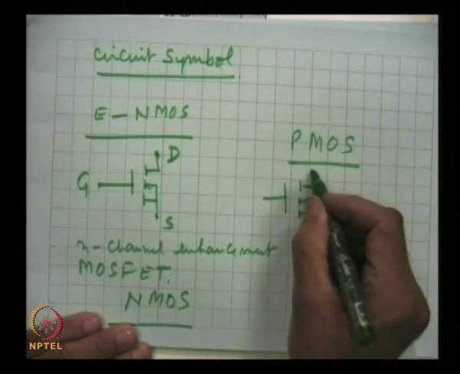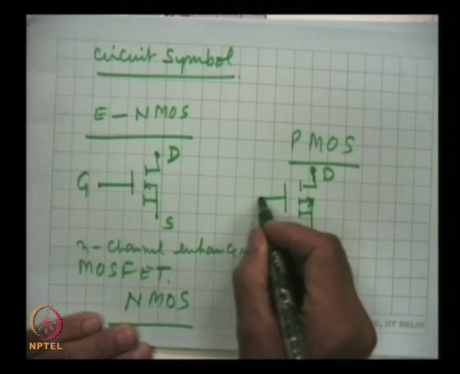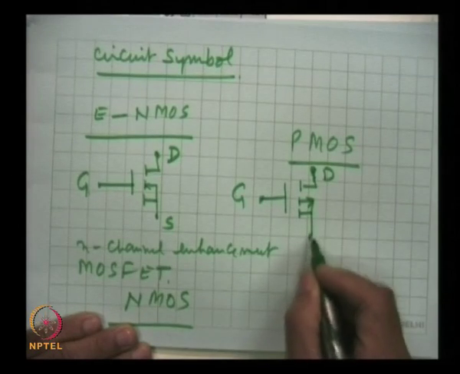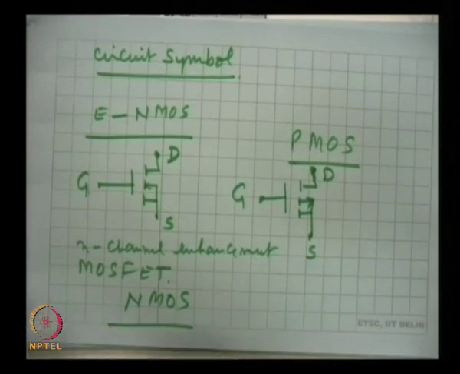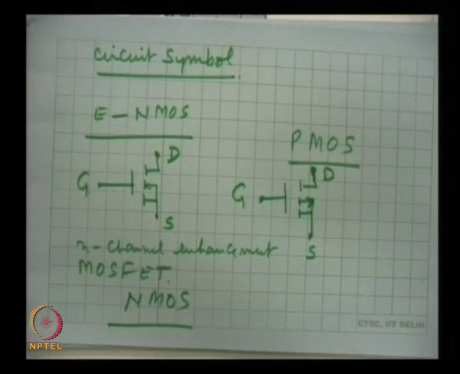This is drain, this is gate, and this is source. PMOS is normally having fewer devices as compared to NMOS, but why every time I am talking NMOS and PMOS?